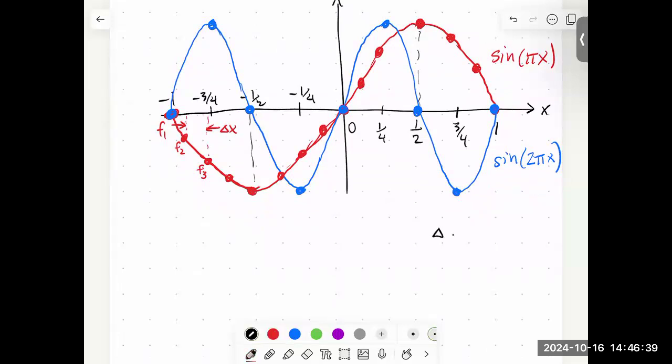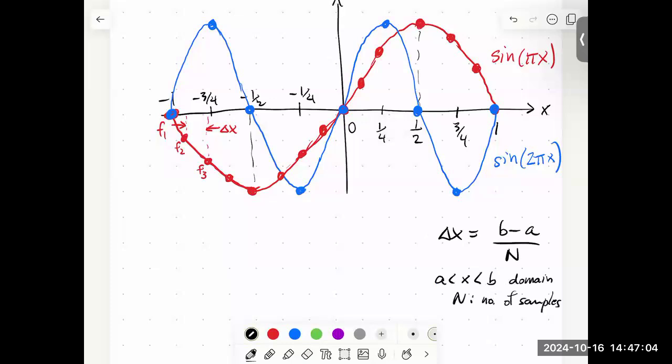In general, delta x will be the size of the domain, from A to B, divided by n, the number of samples.